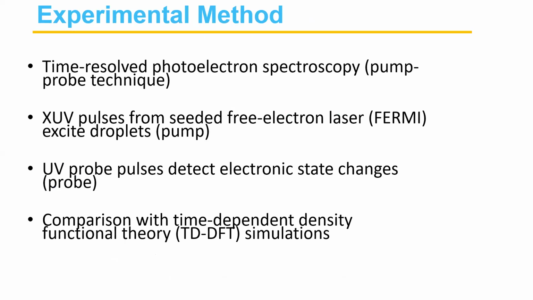Photoelectron spectroscopy is used to detect the energy of the electrons and study what electrons are emitted from this process. Simultaneously, a theoretical work using the time dependent DFT method was also done, and they are compared to see whether the theory goes along with the experiment or not.